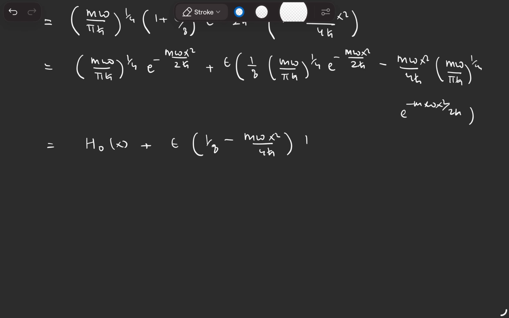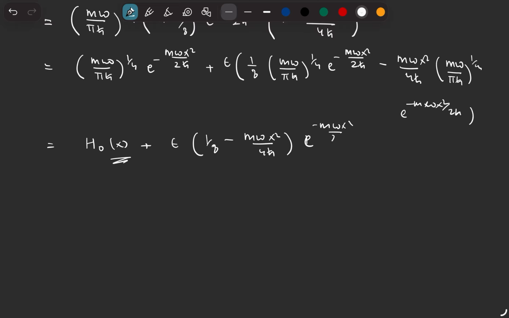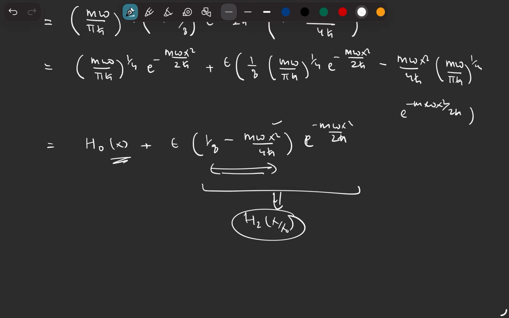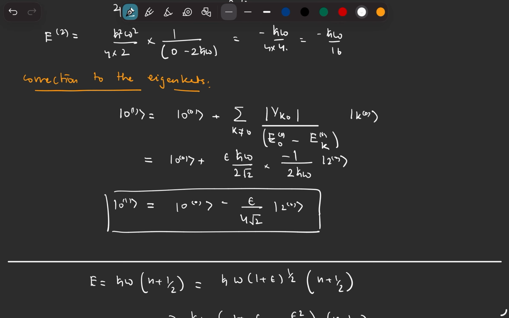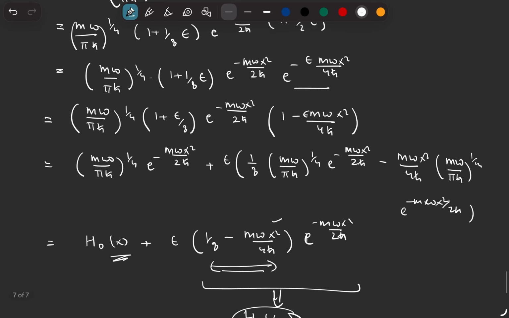This is not exactly in x, it's in x by x 0, so you have to fix the dimension here, and then there is the exponential of minus m omega x squared upon 2 h bar. Actually this is an x squared, so this could be written as some sort of second order Hermite polynomial in x by x naught, which kind of shows what we have shown above, that the first order correction is actually the ground state plus the second unperturbed state.